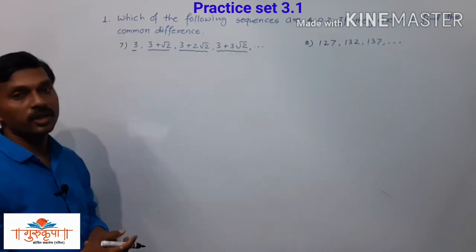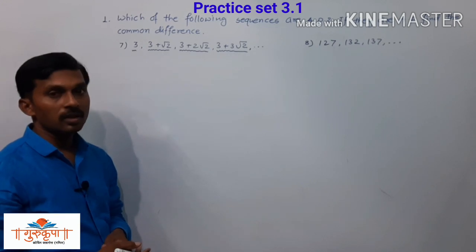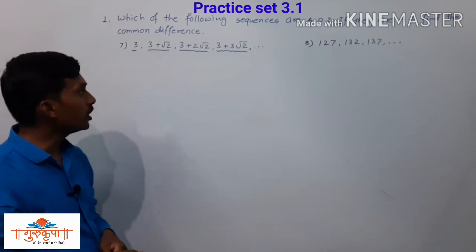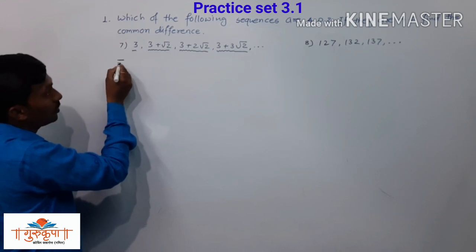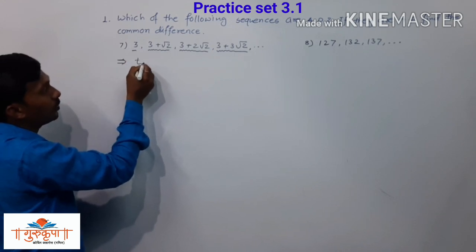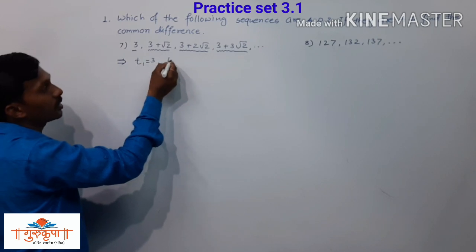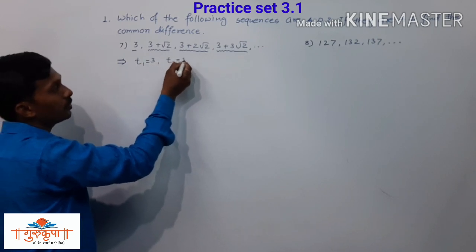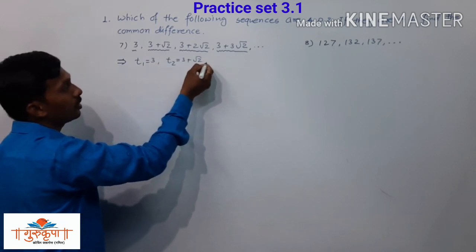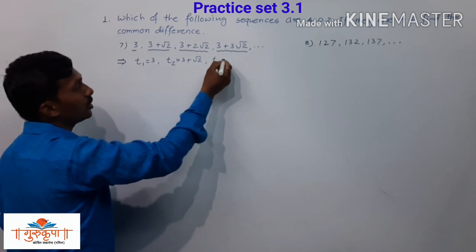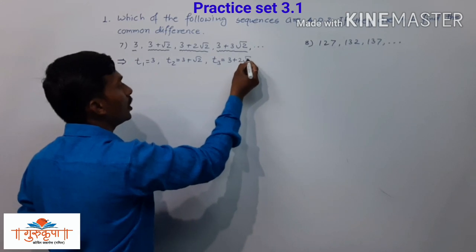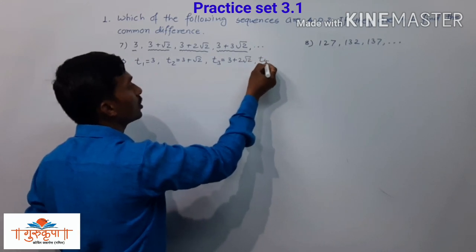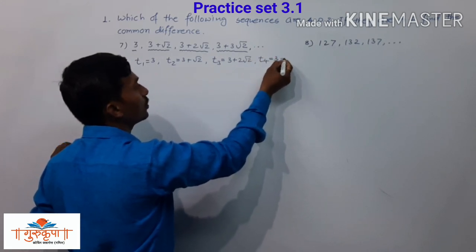Again we have to determine whether it is an AP or not. So we will first represent all the terms of the given sequence as T1, T2, T3 and T4. T1 is 3, T2 is 3 plus root 2, T3 is 3 plus 2 root 2 and T4 is 3 plus 3 root 2.